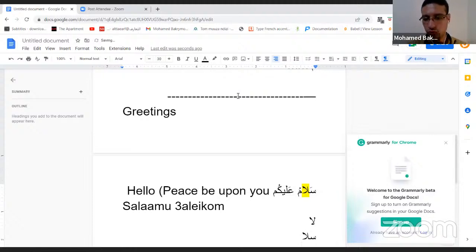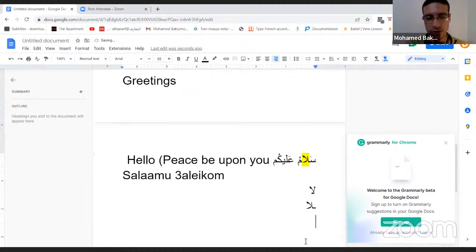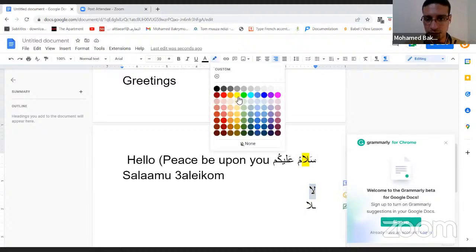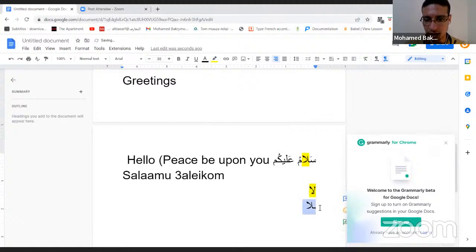It has 3 forms, for example, this one and this one. Okay. And it has another form. Let's say these 2 forms in this font, just not to make it complicated for ourselves.